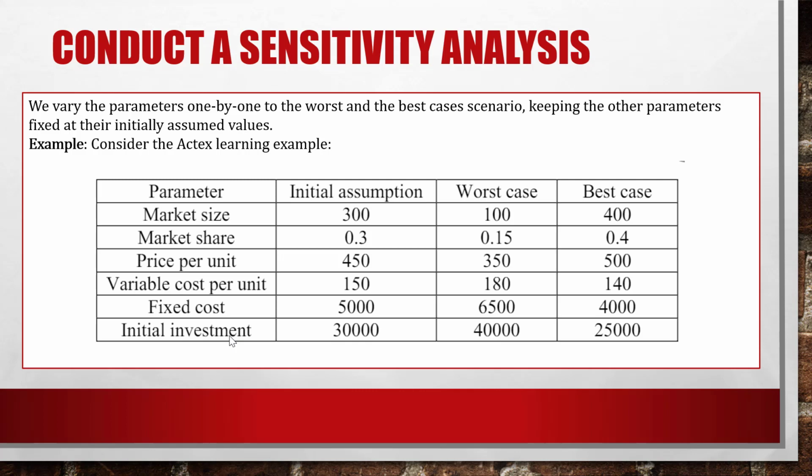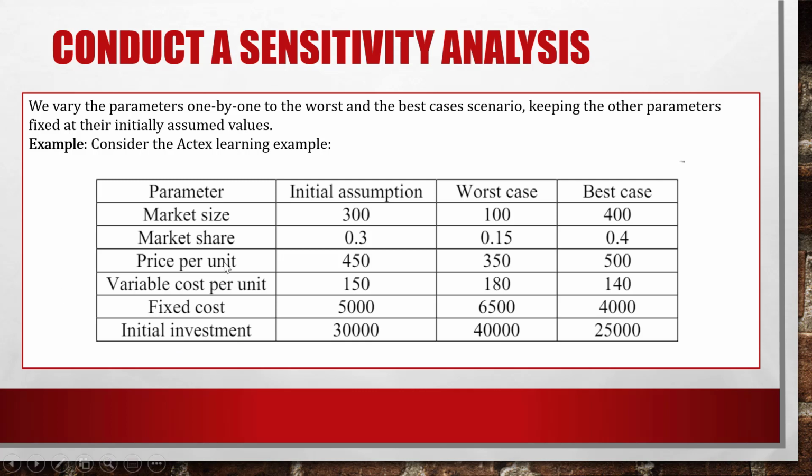Now, in order to conduct the sensitivity analysis, we have to start with the easiest case. That is when only one parameter varies and we keep the other parameters fixed. So let's start with market size. We are going to vary the market size from 100 to 400, keeping the market share, price per unit, variable cost per unit, fixed cost, and initial investment under the initial assumptions.